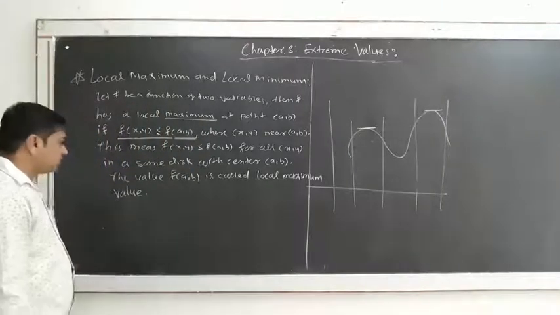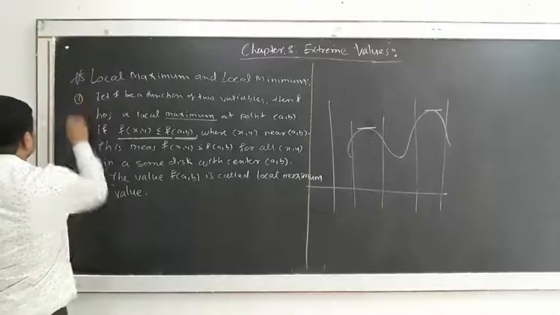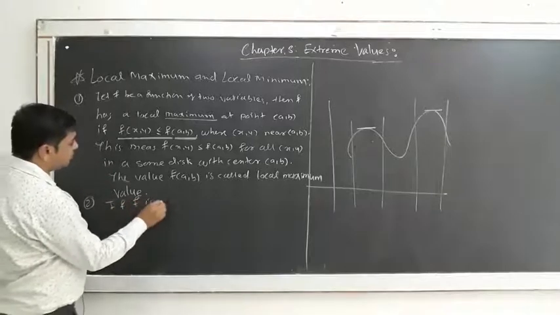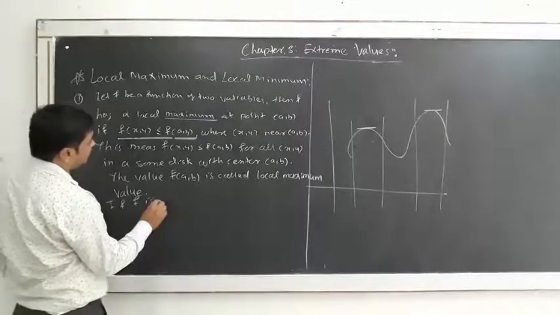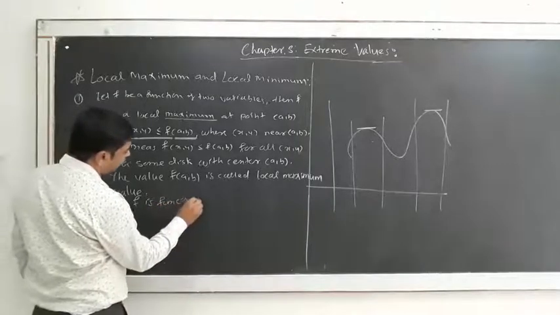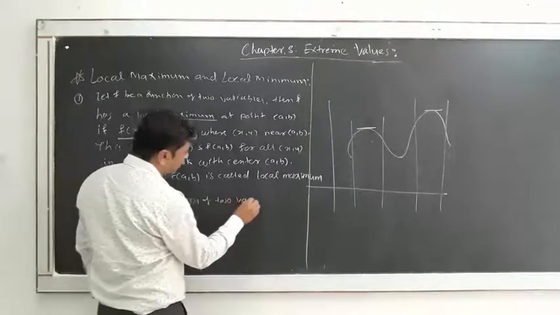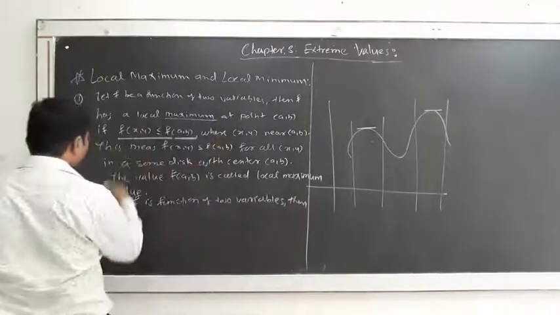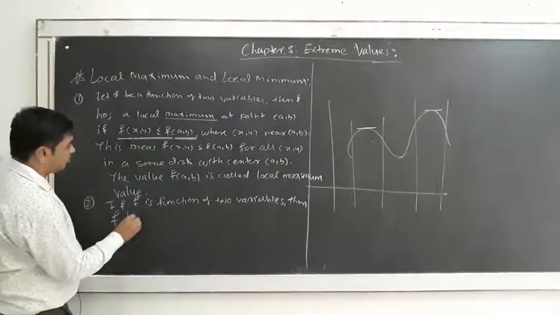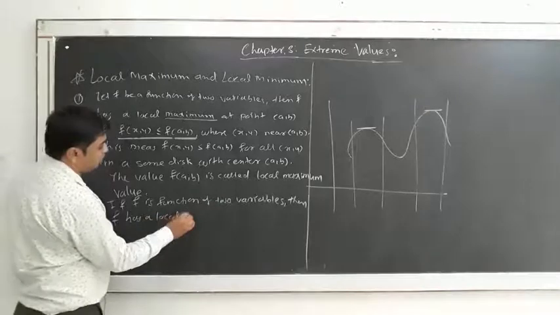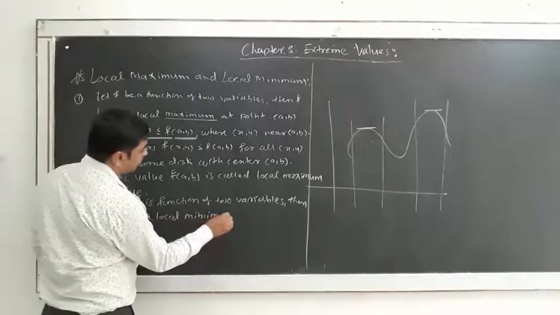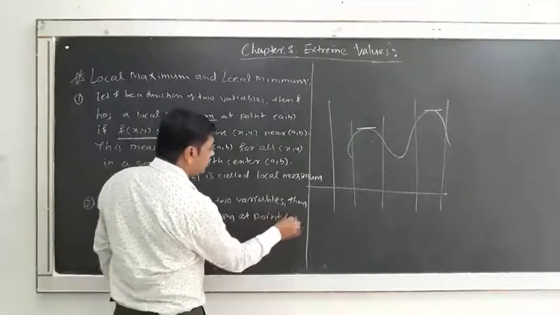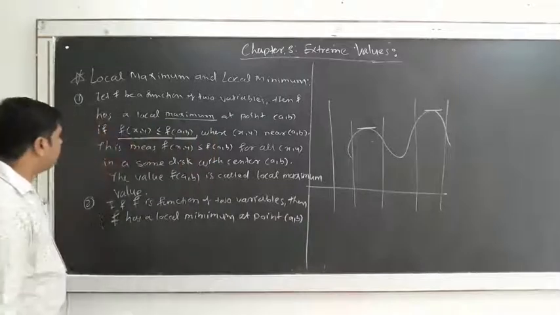So we write the second definition. If f is a function of two variables, then the same definition applies: f has a local minimum at point (a, b). Just reverse the inequality.